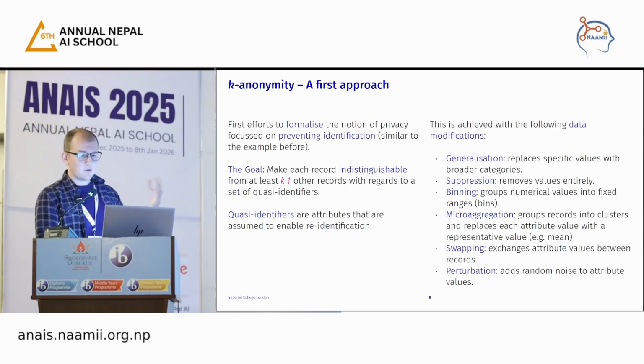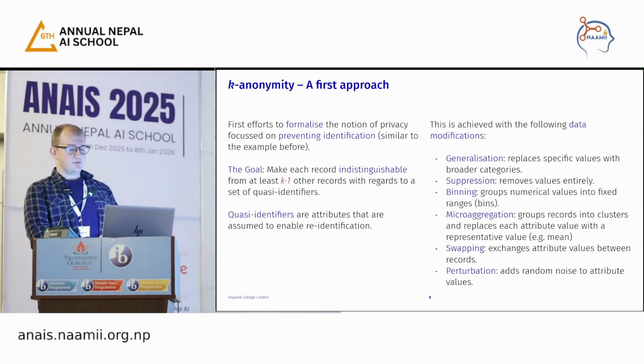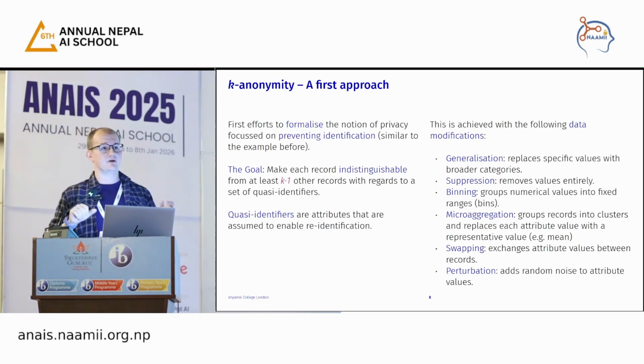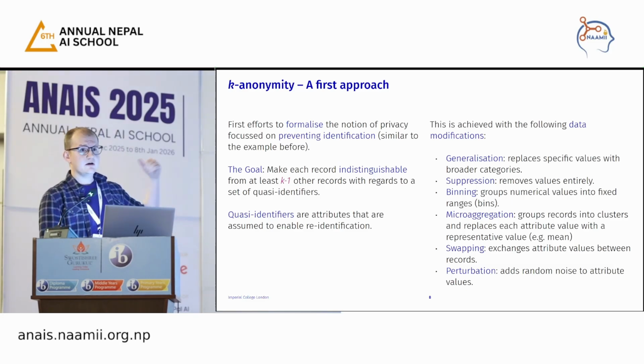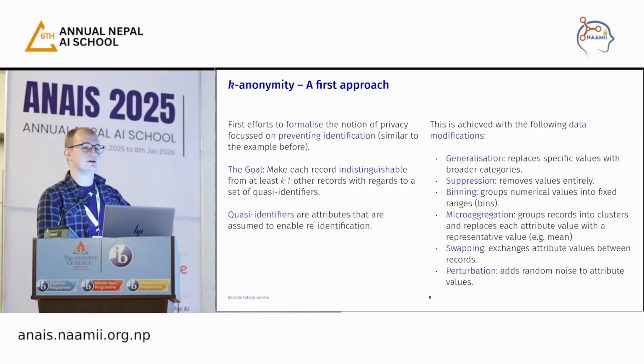So the way this is achieved is by performing data modifications, most prominently generalization, where we have a specific value and we generalize it up to remove some of the specificity. Attributes like names we need to remove entirely, right? It doesn't make a lot of sense to generalize a name.